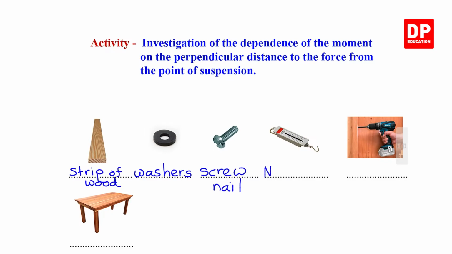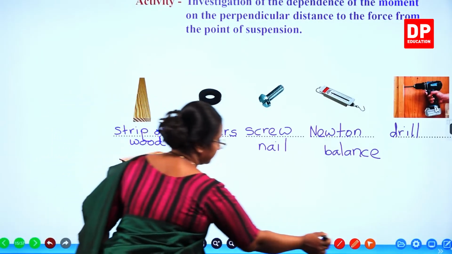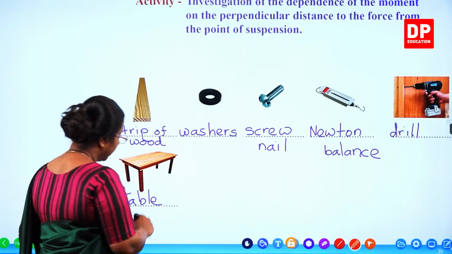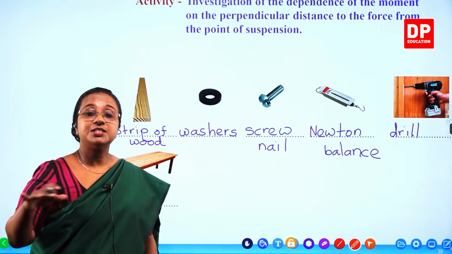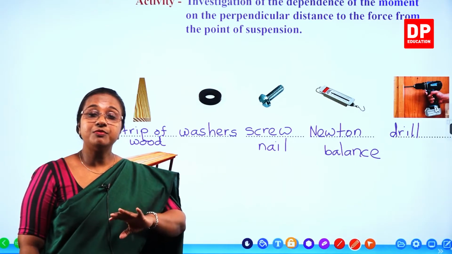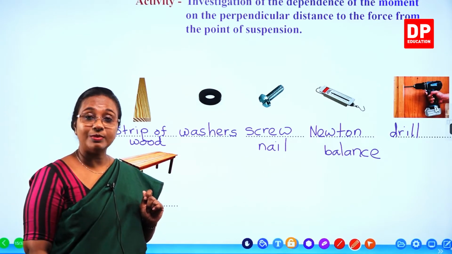Then we need the Newton balance. Here we need the drill to drill the hole, and also we need a table, a horizontal table which has a smooth surface, and normally we can place another strip of wood on this table, and to that we can fix this strip of wood as well.